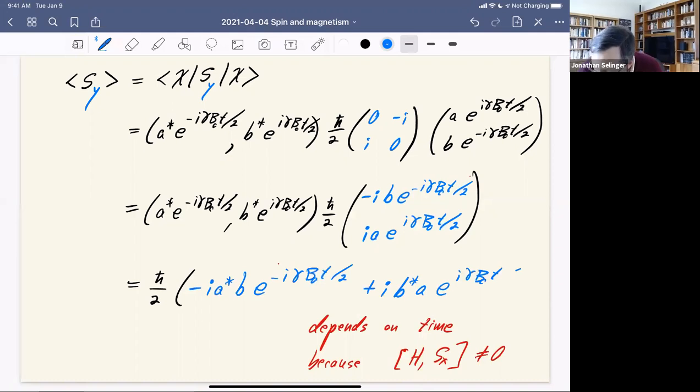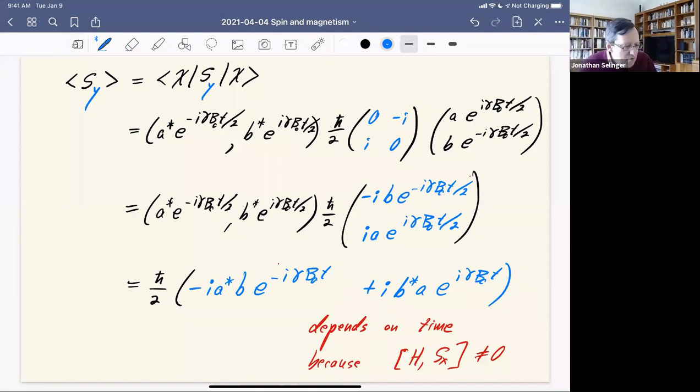Whoops, no, not over 2. Sorry about that. All right, that matches my notes. Good. And once again, it depends on time.